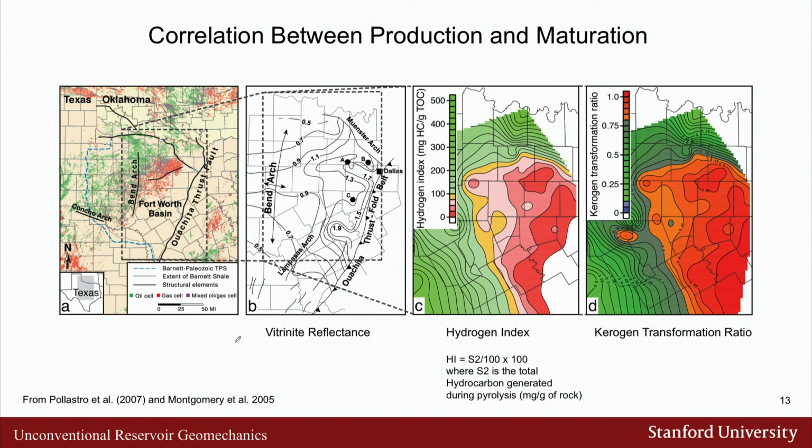The maturation, as you can see in the middle diagram, basically matches all of this. The vitrinite reflectance is over 1. The hydrogen index is low, as would be expected in the gas window, and the kerogen transformation ratio is actually pretty high in that same area.